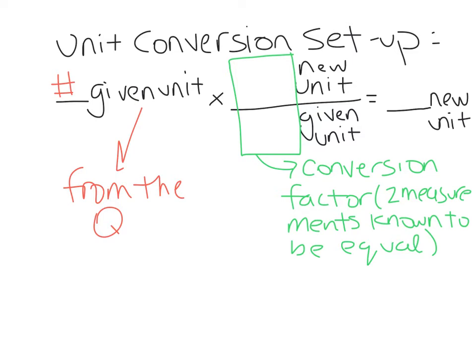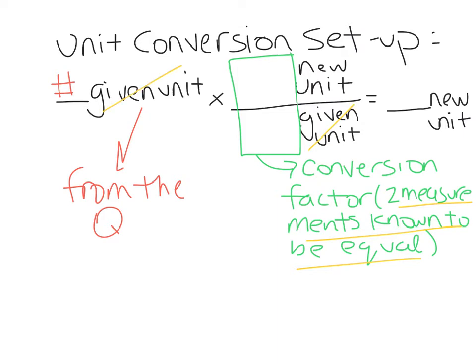To get to the new unit, you want to make sure that your conversion factor, this thing in green, is set up correctly. Remember, a conversion factor is any two measurements known to be equal to each other. You're going to set it up so that the given unit is on the bottom of the conversion factor, so that when you do the math, they cancel.